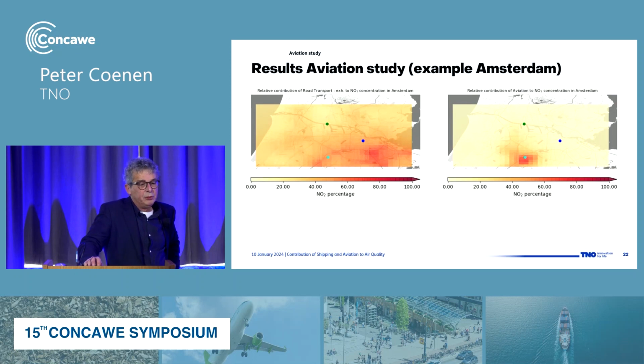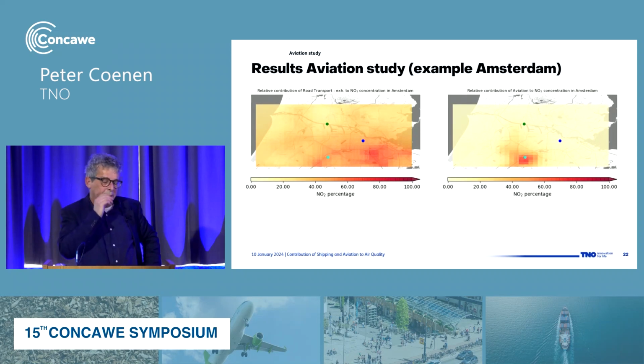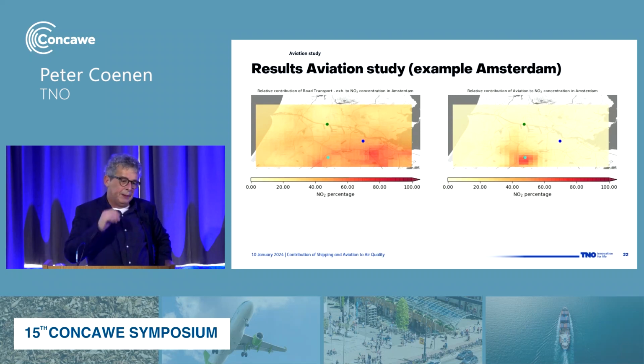In this picture, we show the difference between road transport on the left and aviation on the right. This is the relative contribution of the source sector road transport to NO2 concentration in Amsterdam area. And on the right, you see the definition of the roads and the city center.